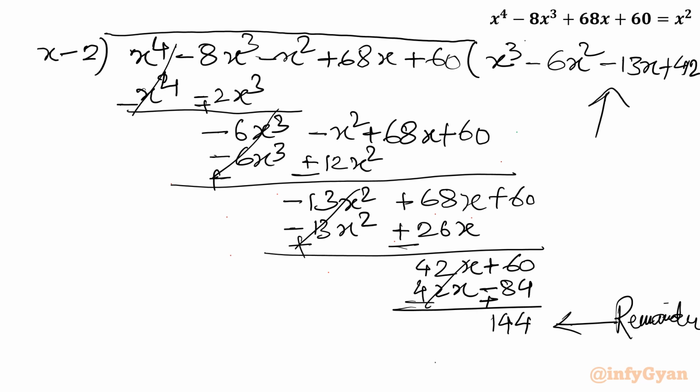Again, we will divide by the divisor x minus 2 the given quotient. This quotient, and this is our divisor. Again, we will divide. And don't forget about the remainder, because these are the terms which we will get ultimately. Let's do it.